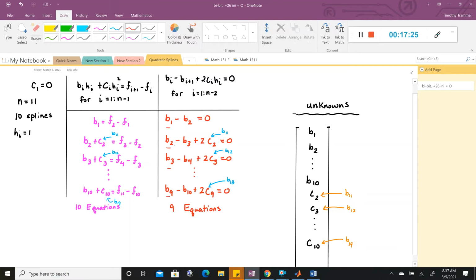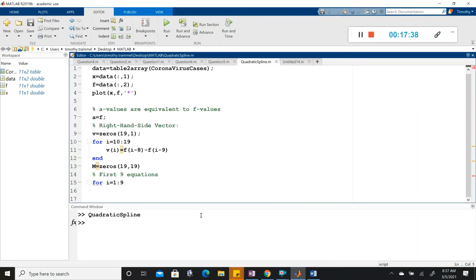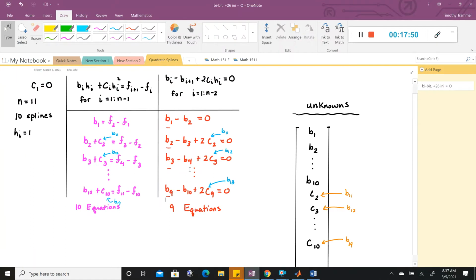So that's b1 on equation 1, b2 on equation 2, b3 on equation 3. So that means the diagonal is just going to be 1, right? The coefficient in front of all these b's is just 1. So I'm going to go in here, and I'm going to just say m of I comma I is equal to 1. And let's see what we have next here.